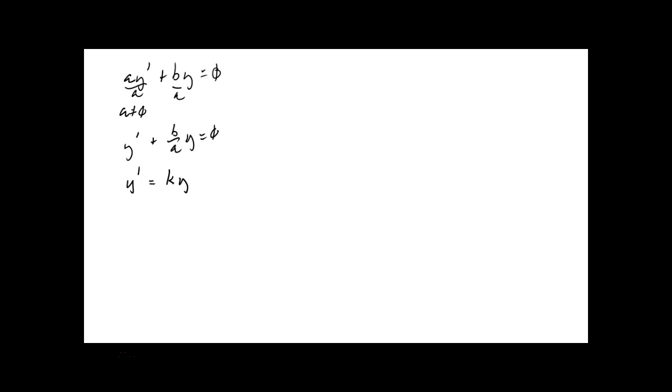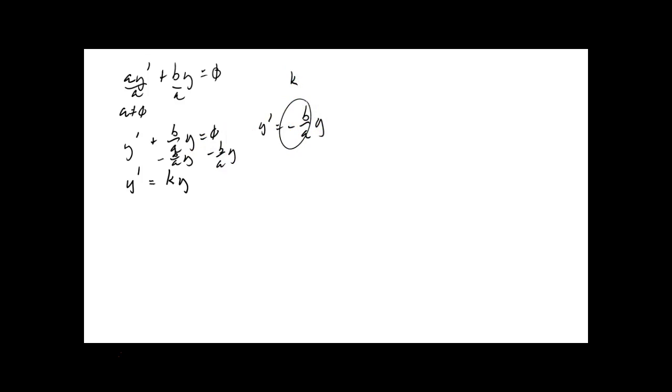So b over a equals k, shouldn't it be negative? Yes, negative b over a equals k. I left off that step, but you subtract (b/a)y from both sides, and you get y' = -(b/a)y, and now we make this equal to k.